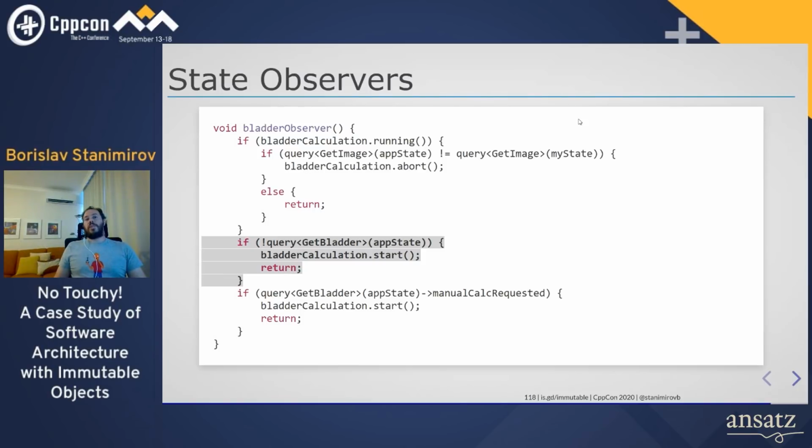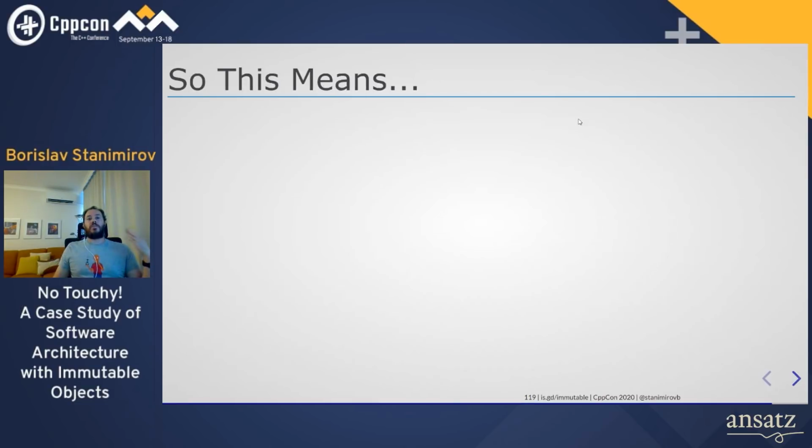So if there is no bladder in the state, we start the calculation. If the user requested the manual bladder recalculation, we run the calculation, and that's it. And so basically we would implement this function by setting the manual calculation requested element of the state. The action would change this element of the state.